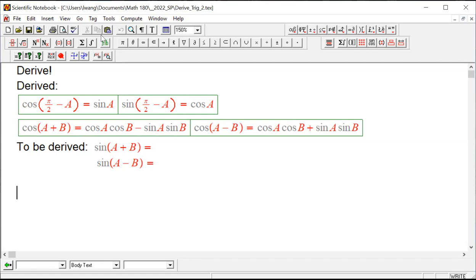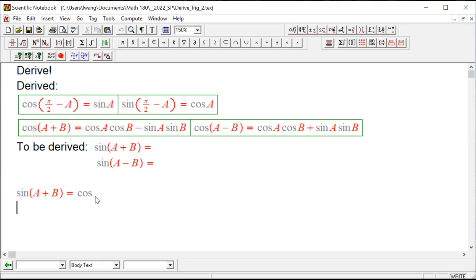We're going to start with sine of a plus b, because we're going to use the existing formula and write it in terms of cosine. Sine expressed in terms of cosine, this one will be relevant.